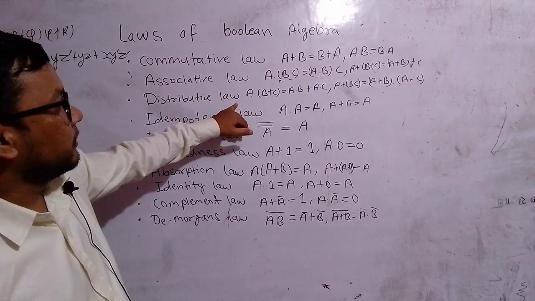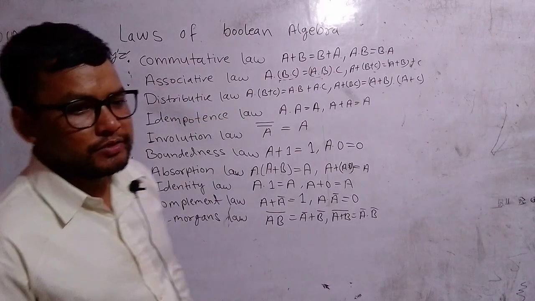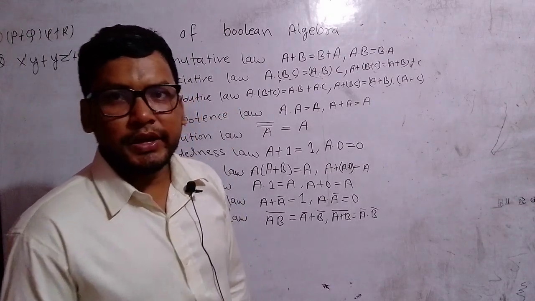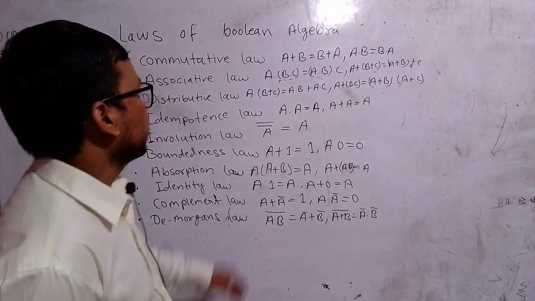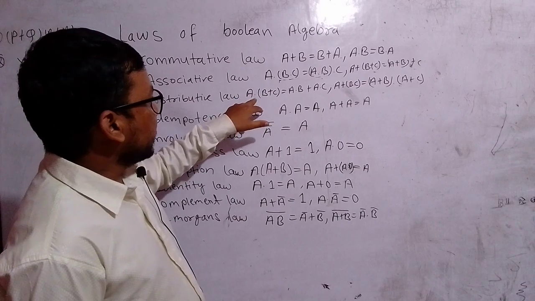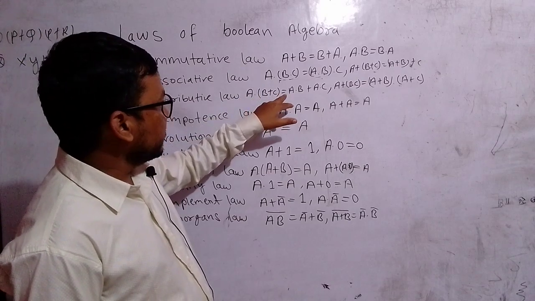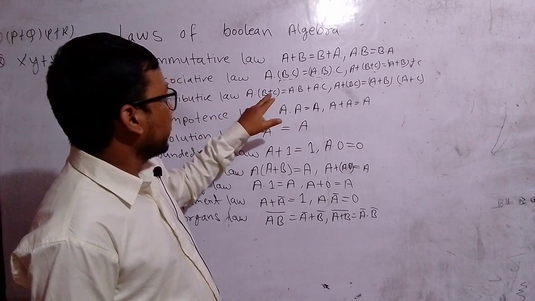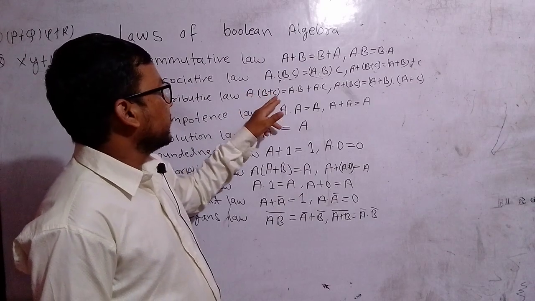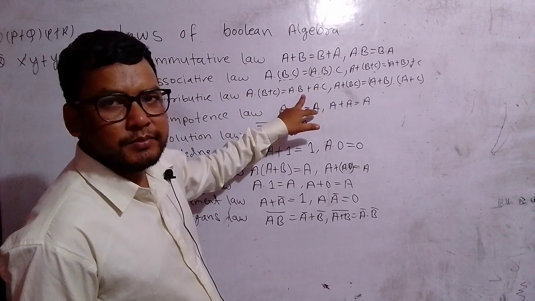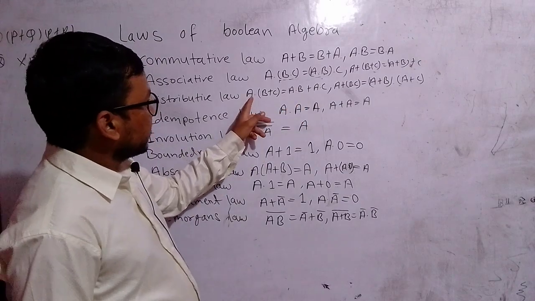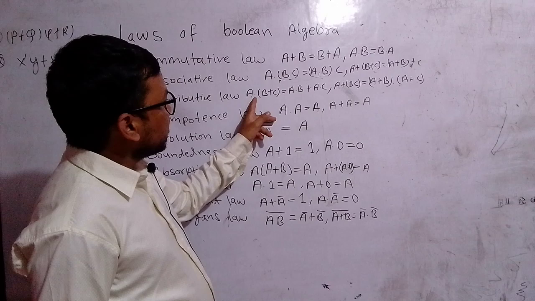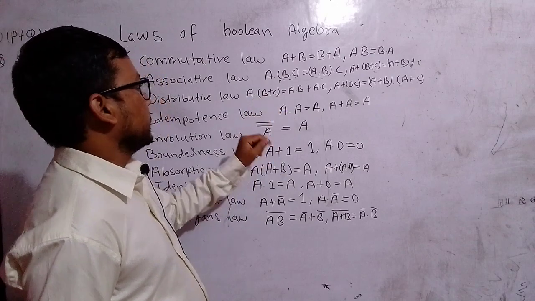Distributive law. Distributive law means distribution of a certain variable over other expressions. Now look here. One rule is A dot B plus C would be equal to A dot B plus A dot C. This seems similar to basic algebra. Now A is distributed over B and C in this case.